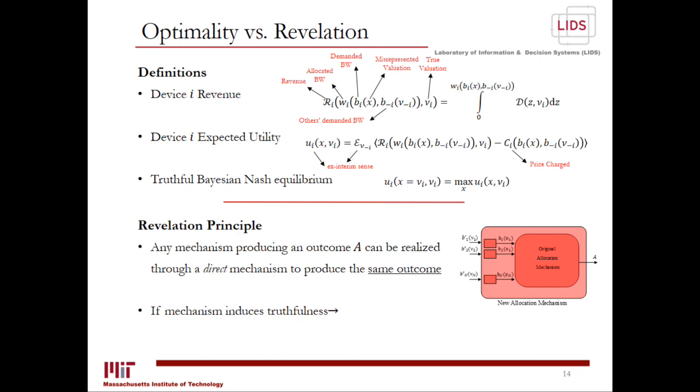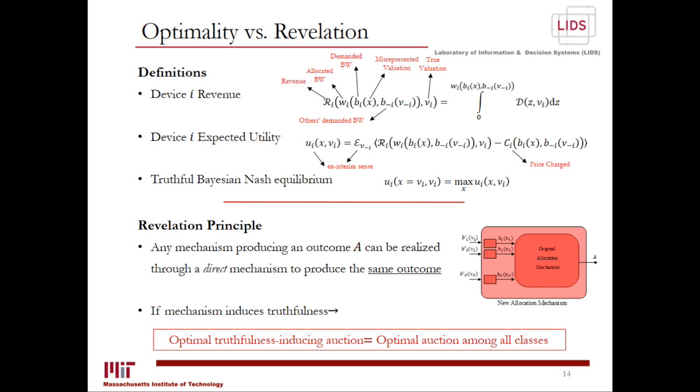But let's assume the key idea here is, if we have a mechanism that induces truthfulness somehow, meaning we have leverage to induce truthfulness so that devices have no motivation to deviate by misrepresenting their valuations, then if we search through the class of direct or revealing mechanisms, truthful mechanisms, and find the optimal mechanism, this mechanism is going to be optimal among all classes of auctions.